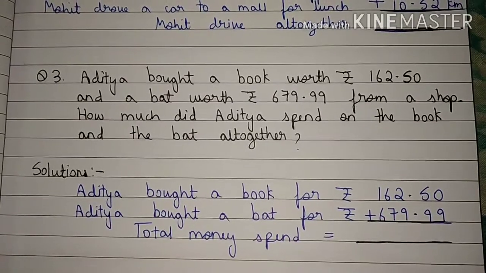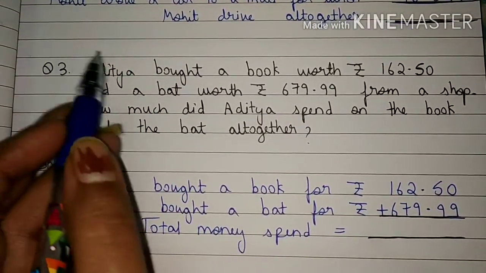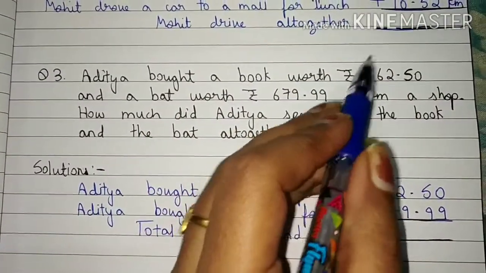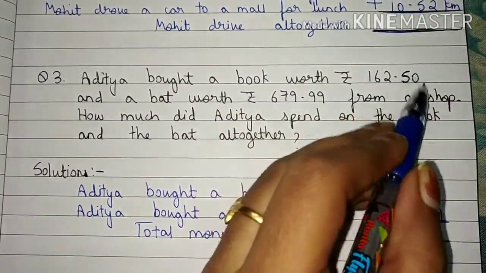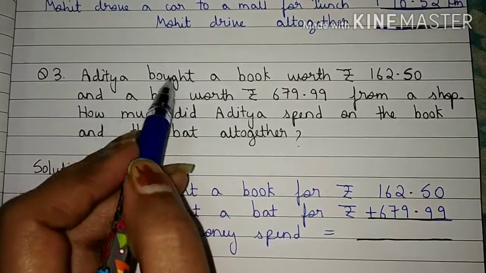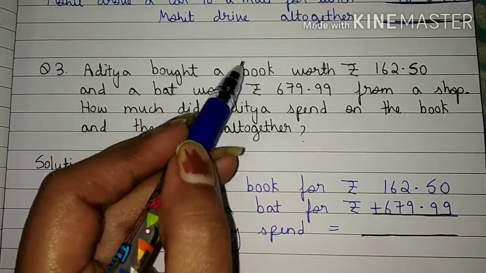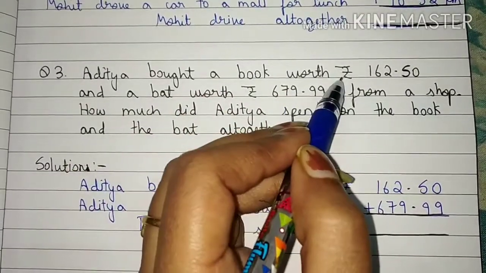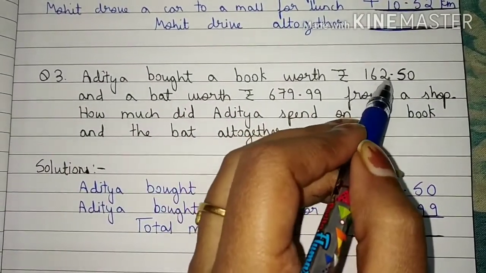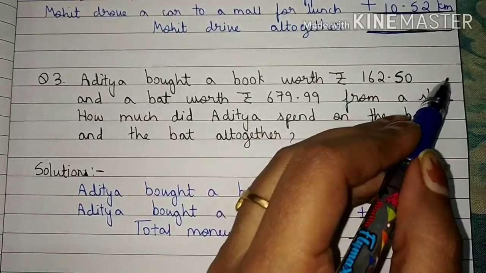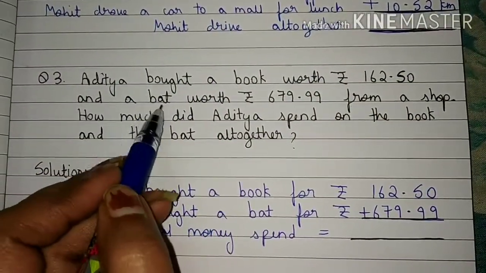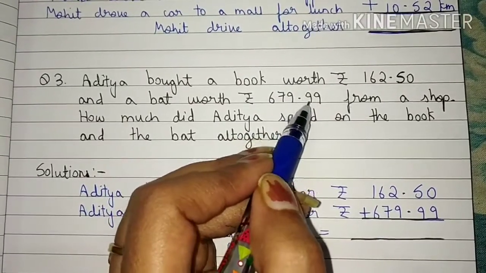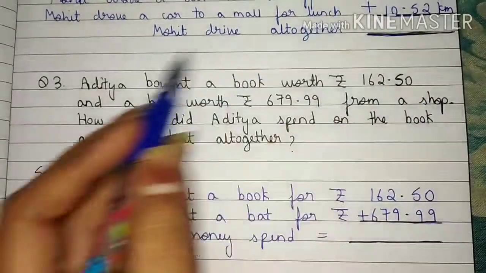Students, now come to question number 3. Adit bought a book worth rupees 162.50. Bought means purchased, मतलब खरीदना. Adit purchased a book for rupees 162.50 from a shop and a bat worth rupees 679.99 from a shop.